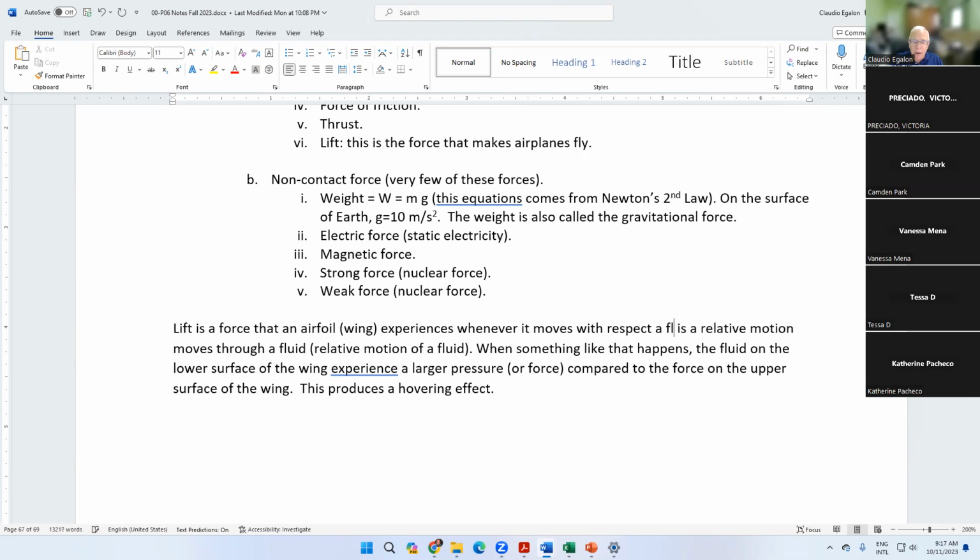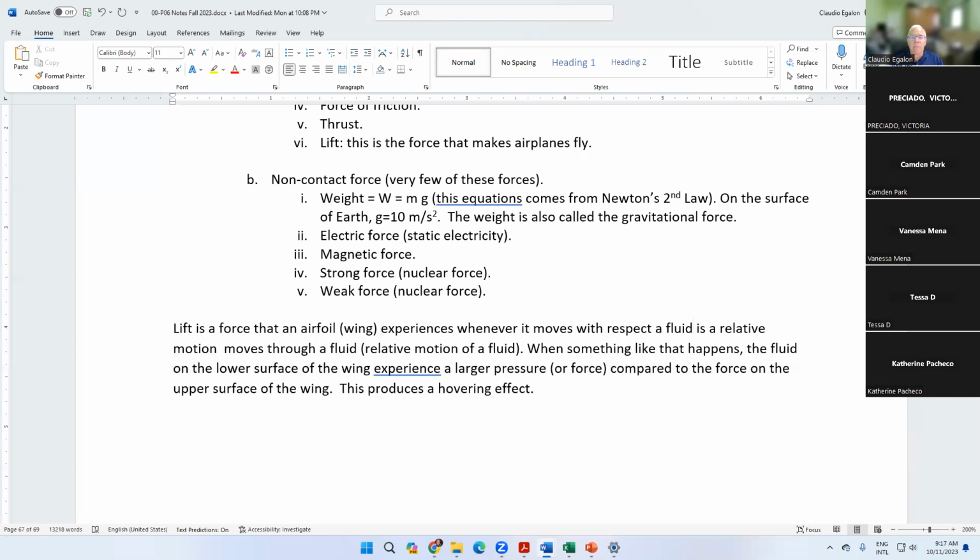That's a better way of saying it: whenever it moves with respect to a fluid.